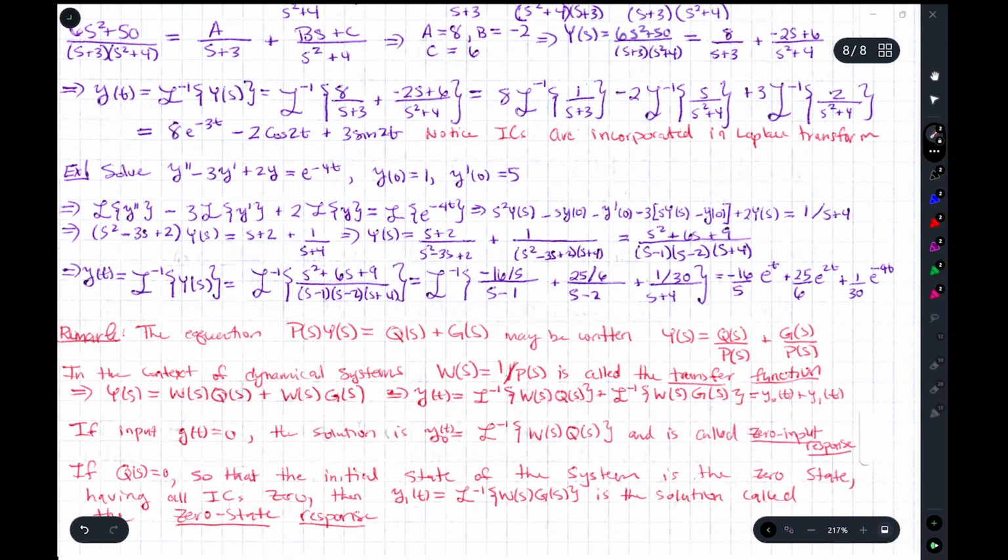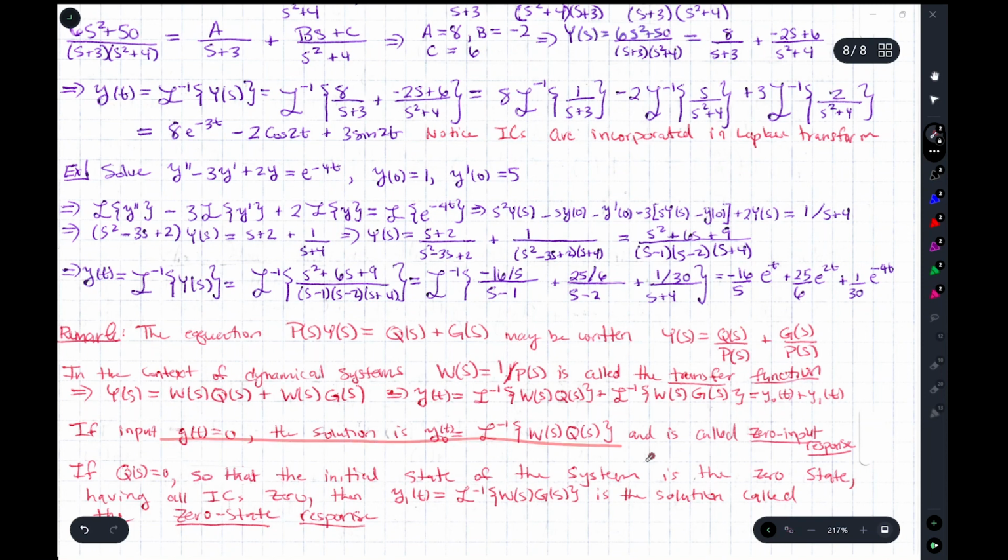If on the other hand you start with the initial state being the zero state, which is just all initial conditions as 0, so that Q(s) equals 0, then this here is the solution, okay? Because the y0 would be 0, okay? In this context, this would be 0 because Q(s) is 0. And this is called the zero state response, okay?